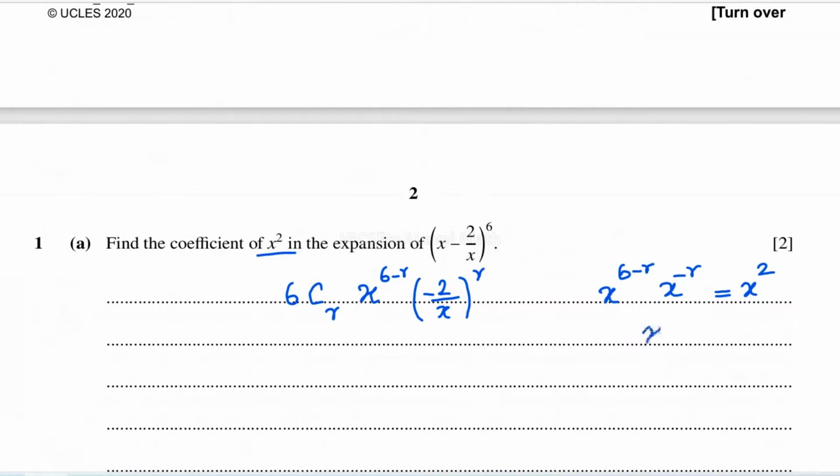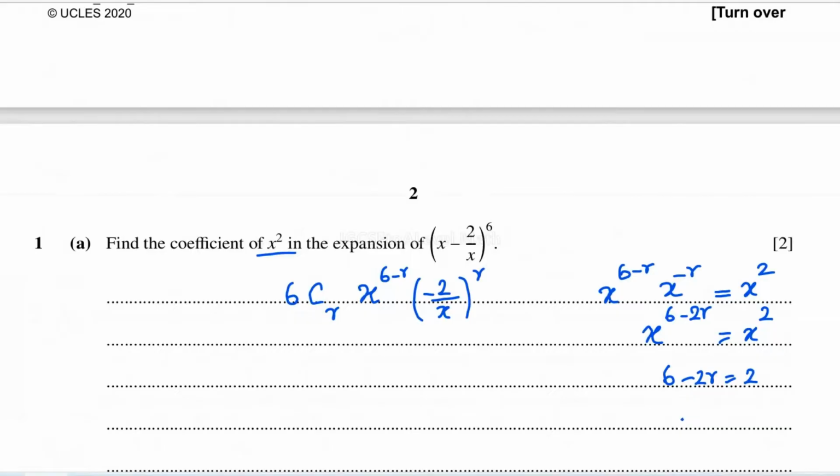So x power 6 minus 2r equal to x power 2. When the bases are same you can equate the powers. So 6 minus 2r equal to 2.